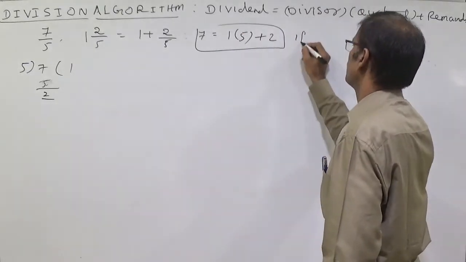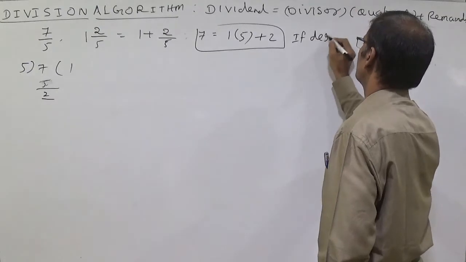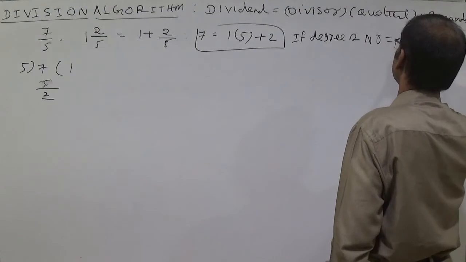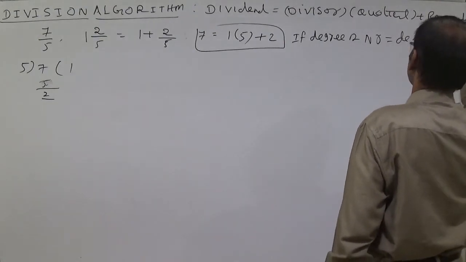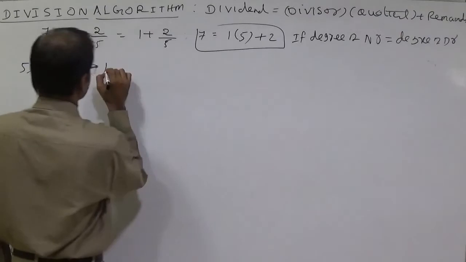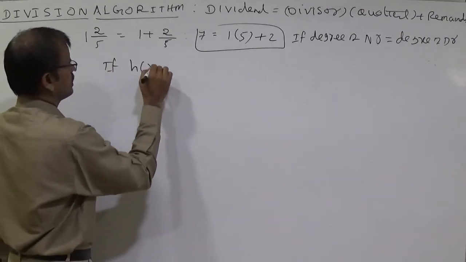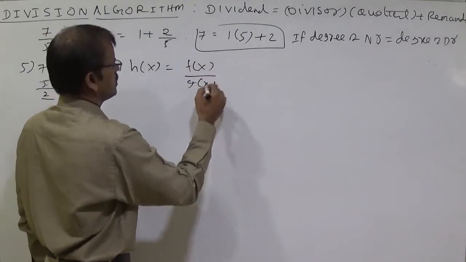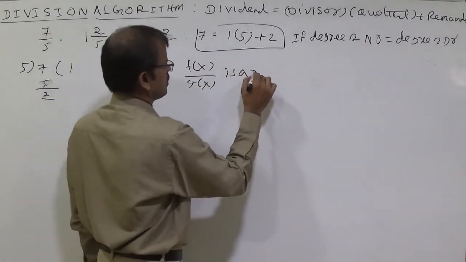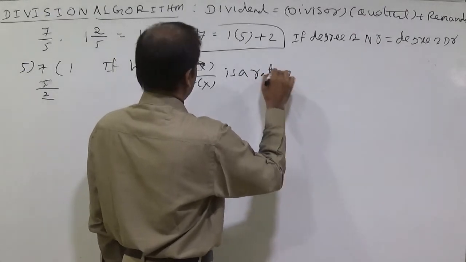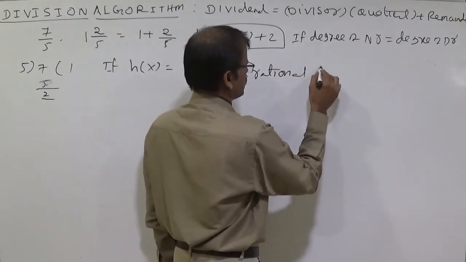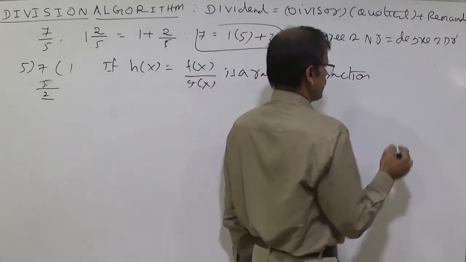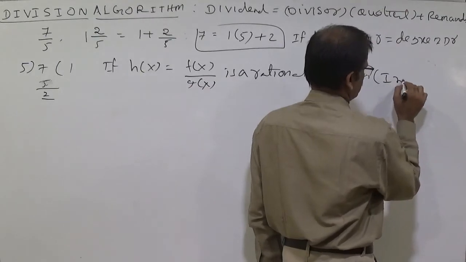If the degree of the numerator is equal to the degree of the denominator, that is, if h of x equal to f of x by g of x is a rational function, a rational fraction, that too an improper fraction.